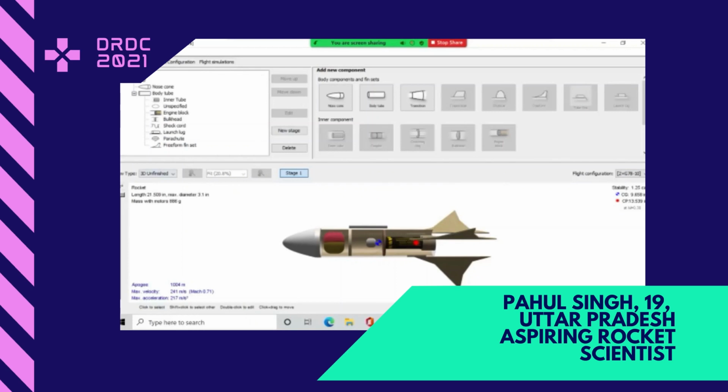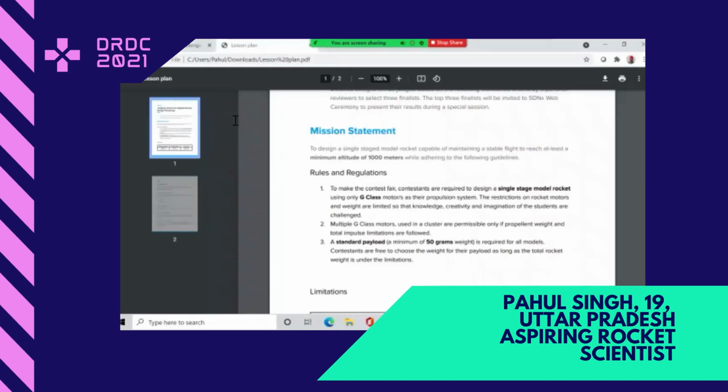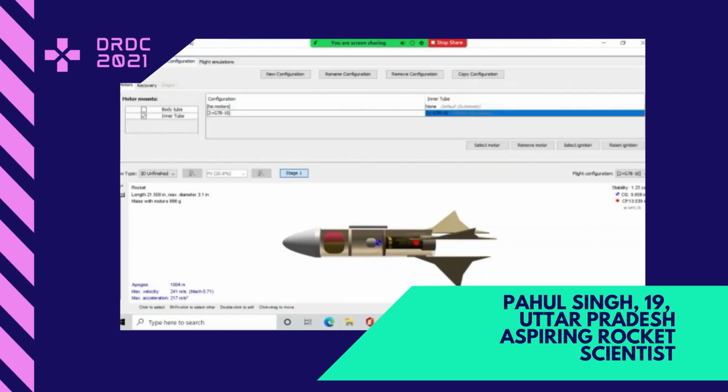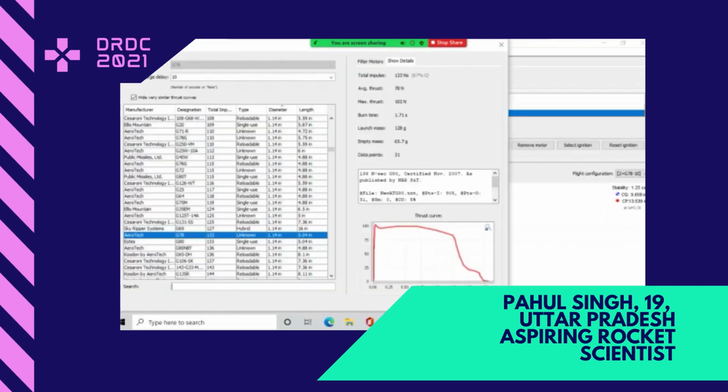Let's see one by one the problem statements that had to be adhered to. First, to make the contest fair, I had to use a single stage model rocket using only G-class motors. I have used G78 motors, which have a total impulse of 133 Newton seconds.